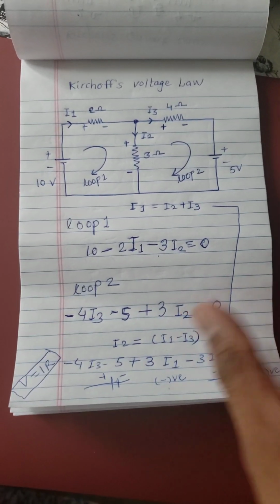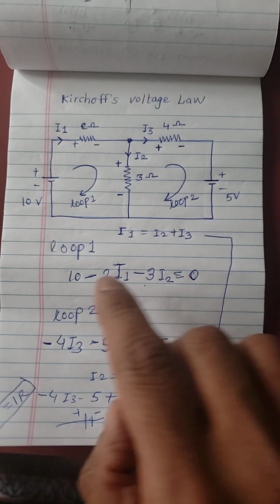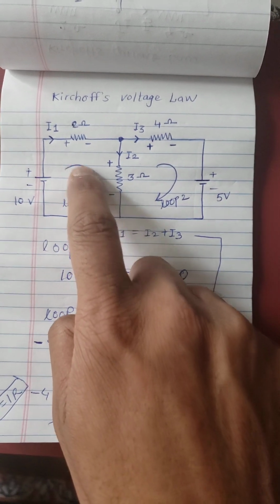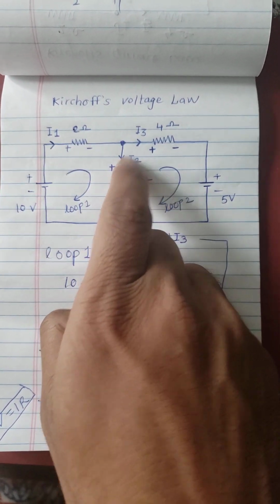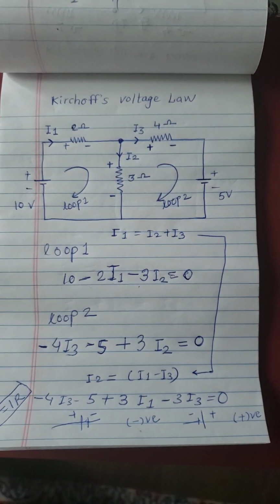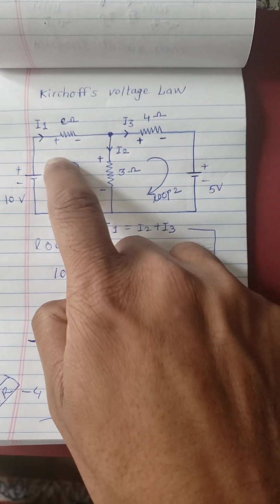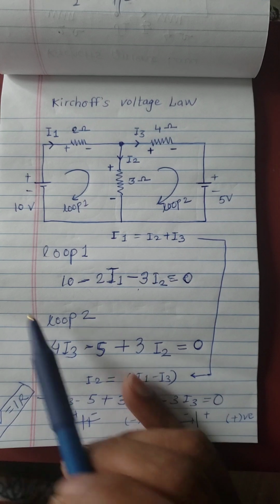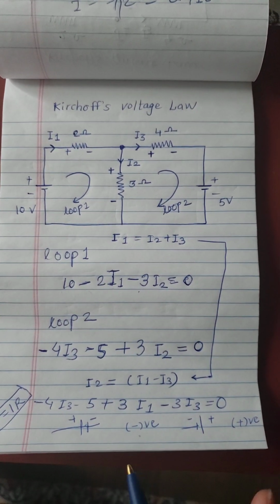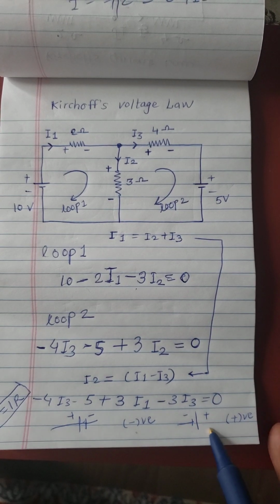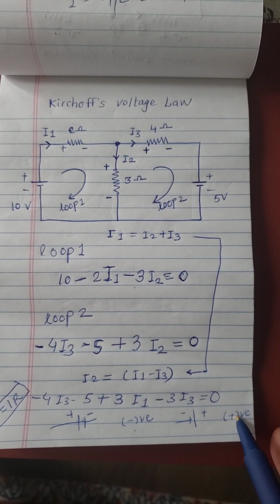So let's try to write the equation for loop 1. Here is loop 1, loop 2. We have marked the currents as I1, I2 and I3. Since we are following this loop, and the first terminal comes as negative and positive, we have to write the voltage as positive.